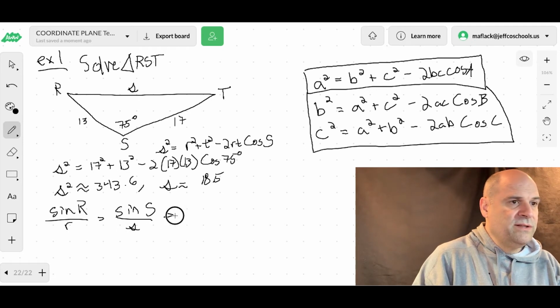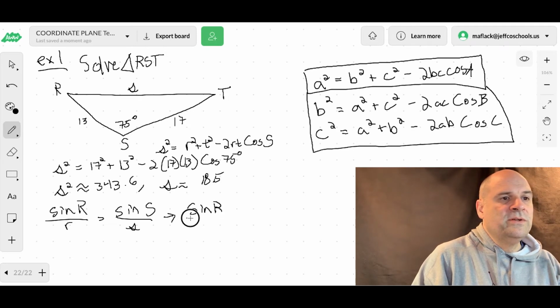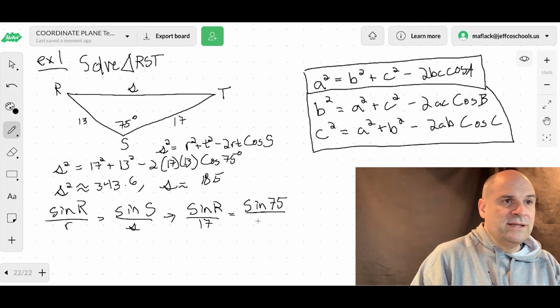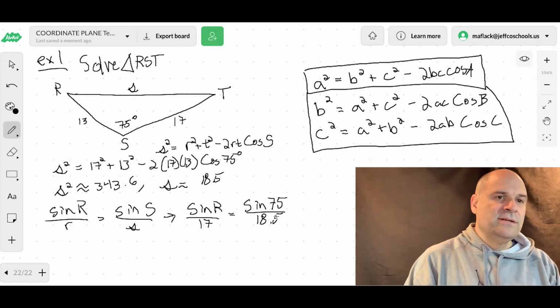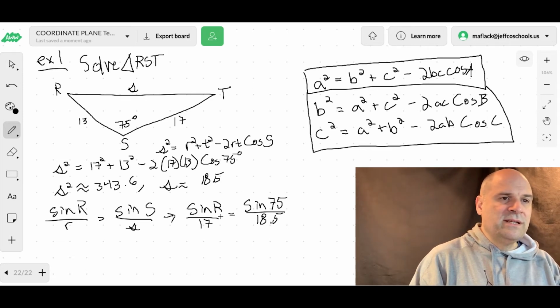Sine of R we don't know, but lowercase r is 17. S is 75 degrees, over lowercase s, which we now know is 18.5.